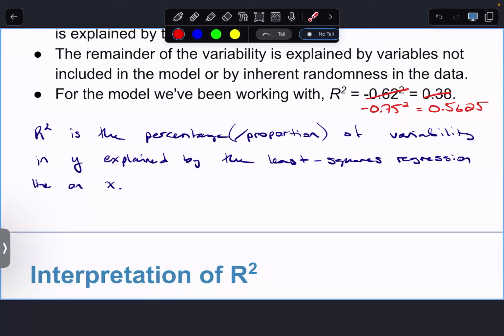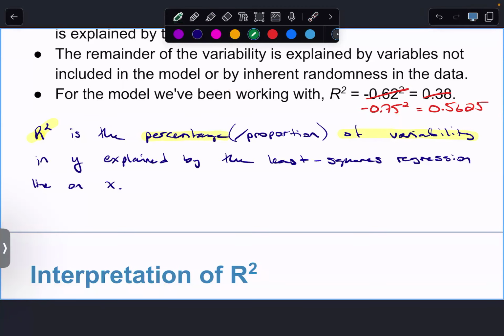I know that. But as long as you latch on to the percentage of variability, your brain just goes, oh, that's R squared. You don't even need to keep reading, because as long as you link percentage of variability to the R squared, then you're fine.